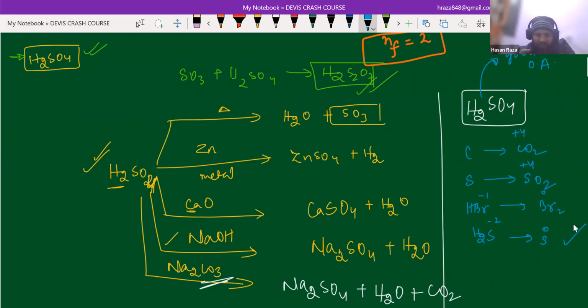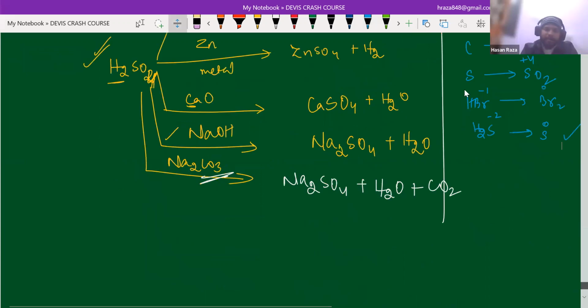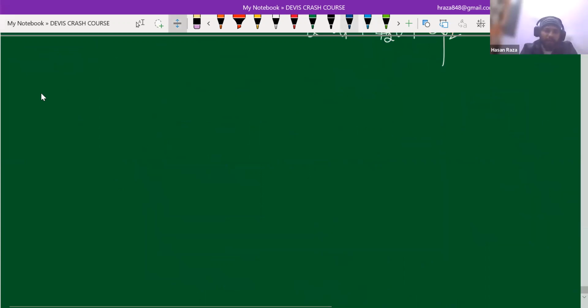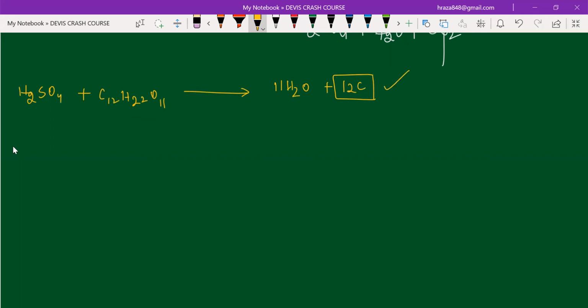Very good. There are some more reactions that you need to take care of, and you also know that H2SO4 is a dehydrating agent. That means it will remove water from the molecules, dry it off or make it anhydrous. Like if I react this H2SO4 with sucrose, that is C12H22O11, it will take all the H2O from here, 11H2O, and carbon will be left anhydrous.